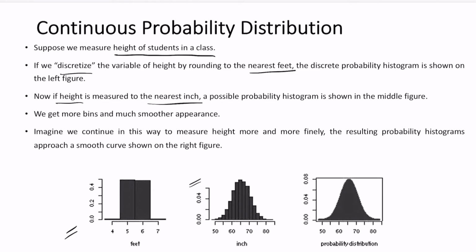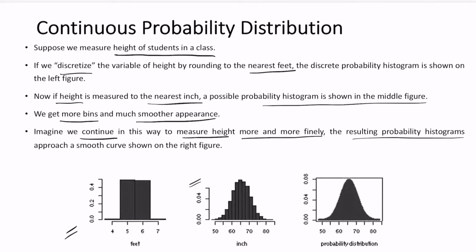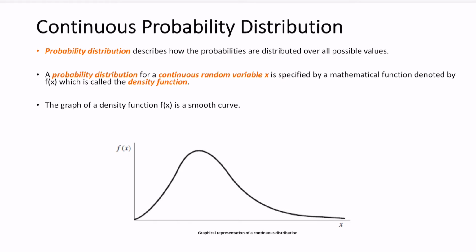In the same way, when you go down to tenths of an inch, you will start noticing that we get more bins and a much smoother appearance. Imagine that we continue in this way to measure height more and more finely. The resulting probability histogram appears to be a smooth curve. Because of this, we call these continuous probability distributions.